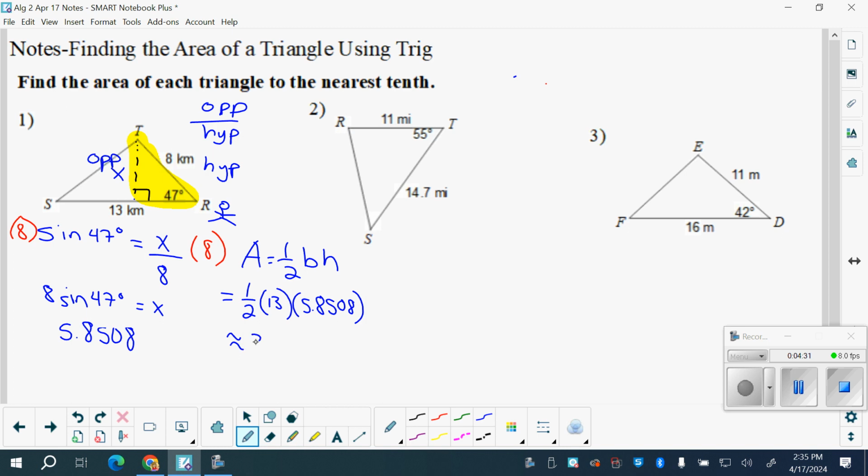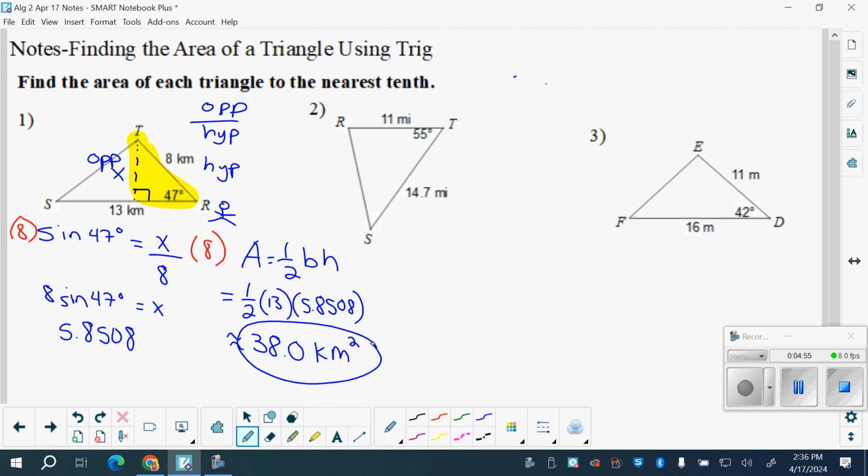And we get 38.0 to the nearest tenth. And this is kilometers, so it would be kilometers squared. That makes sense? So this is why we did some review of finding the area of a triangle yesterday.